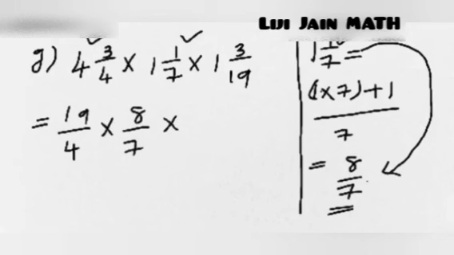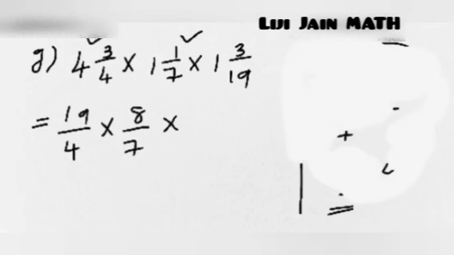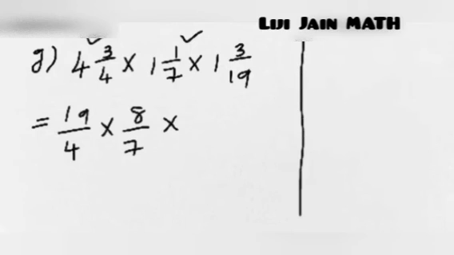The third mixed number is what? Yes, 1 3 by 19. Let's try to convert that yourself. How to convert 1 3 by 19 into an improper fraction?